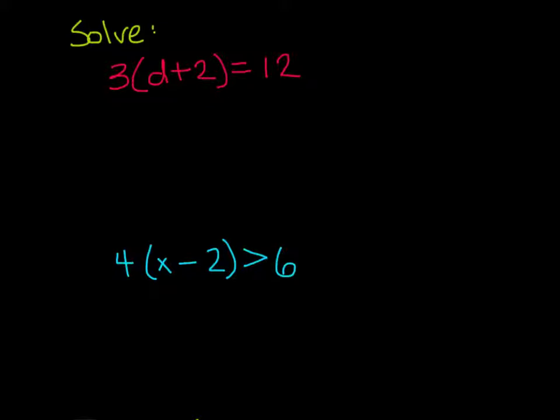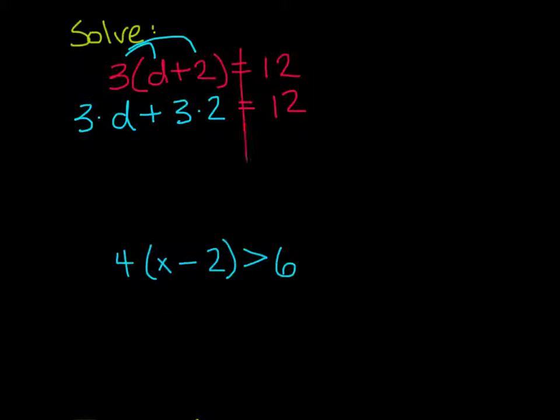We've solved problems like this before. This problem only requires us to use the distributive property, so let's do exactly that. We are going to say 3 times d plus, let's keep it in the same format, 3 times 2. That is equal to 12. Now from here, let's get that equal sign, the balance going on.